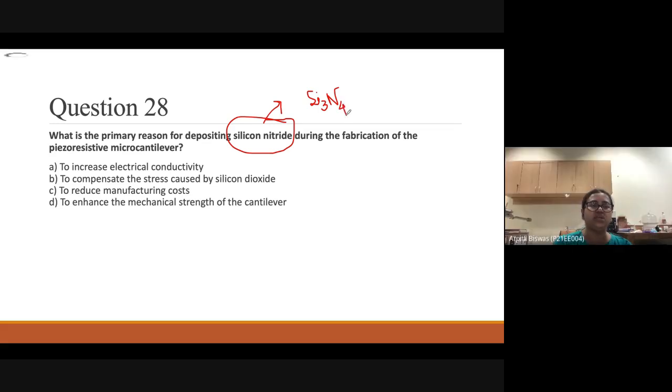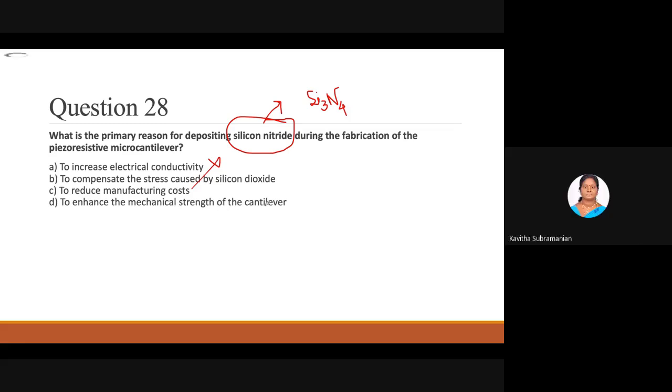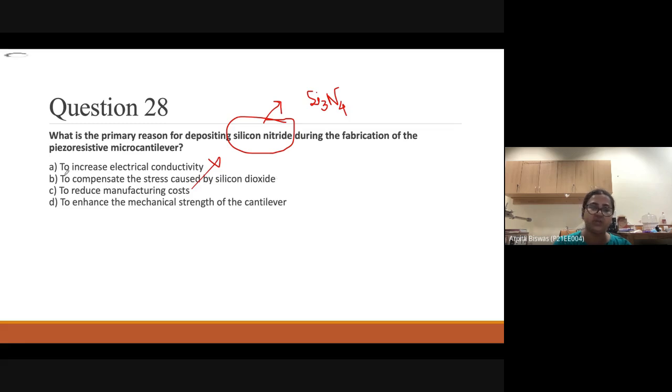So to increase the electrical conductivity is not the right option, right? It acts as an insulator. To compensate the stress caused by the silicon dioxide, to reduce the manufacturing cost, no. To enhance the mechanical strength of the cantilever, to compensate the stress caused by the SiO2, yes, this is the right option.